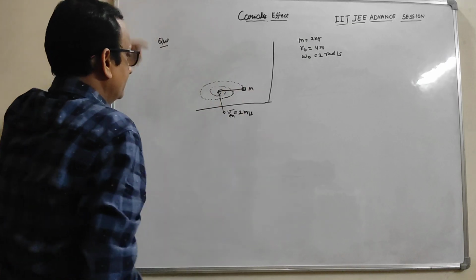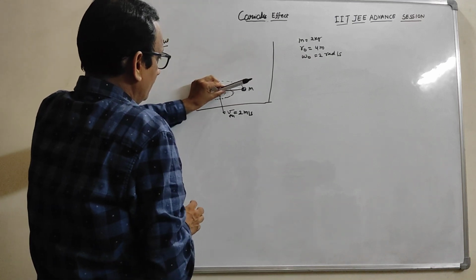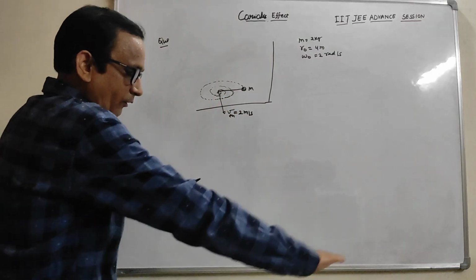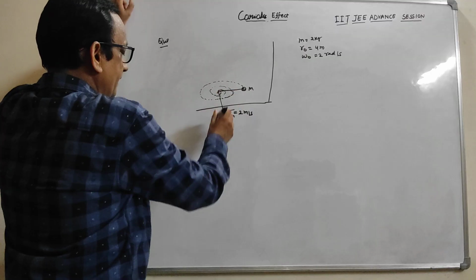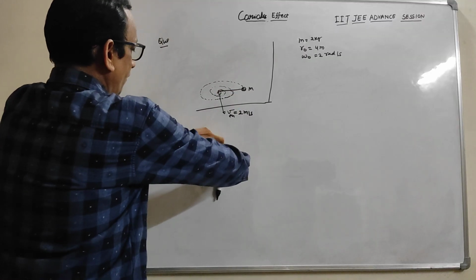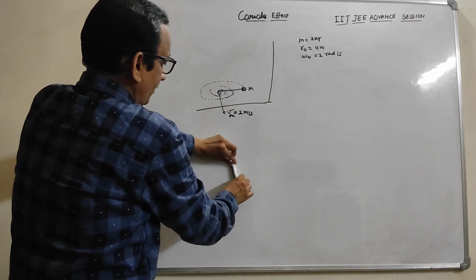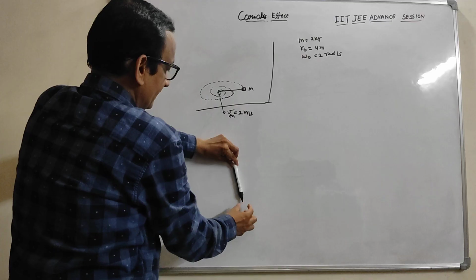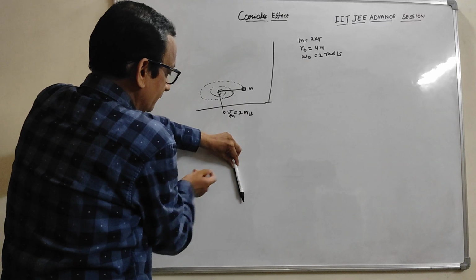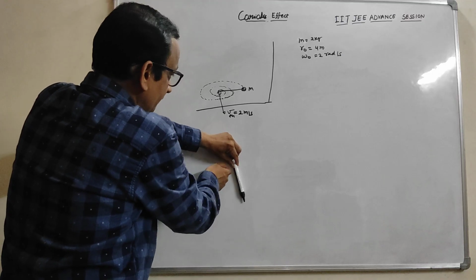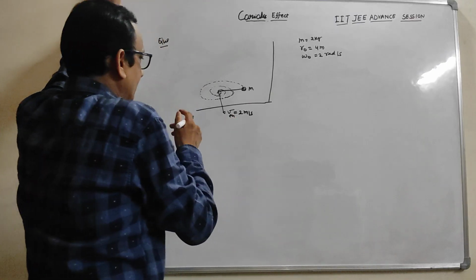So here the scenario is this: this mass is rotating on a horizontal plane in this direction, and at that particular point, the thread is pulled down with velocity v, that is 2 meter per second.